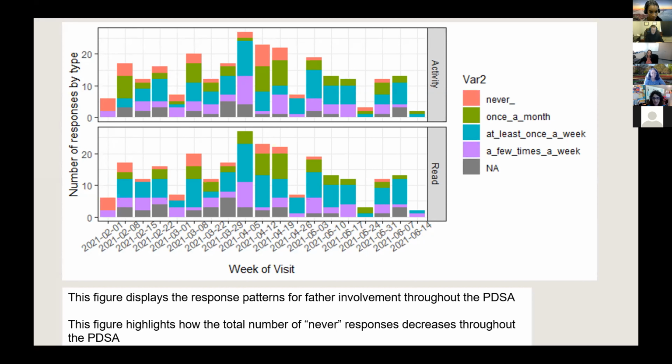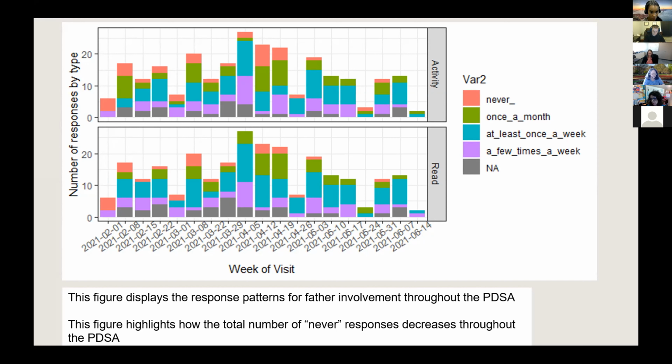Our business can go, one week can go very well, and the next week goes down. It's like a roller coaster. Same thing here. Sometimes there was more participation, but over time, we can see the reduction of the percentage of never.